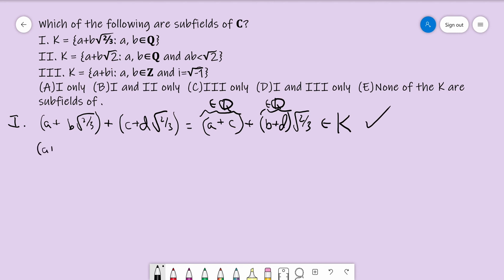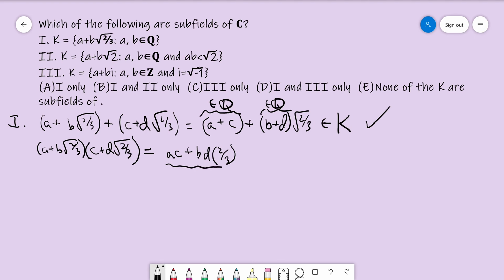Let's check multiplication. A plus b root 2/3 times c plus d root 2/3. That's going to give us ac plus bd 2/3.